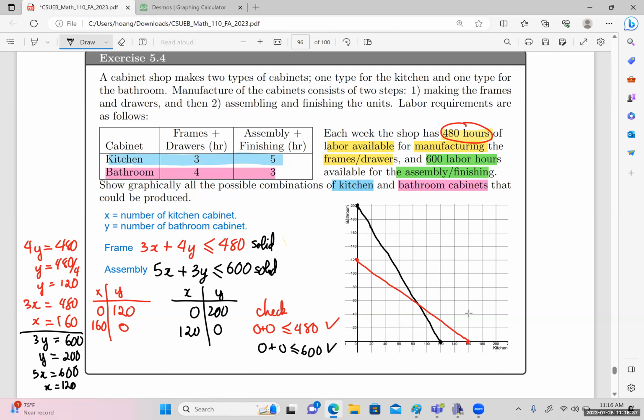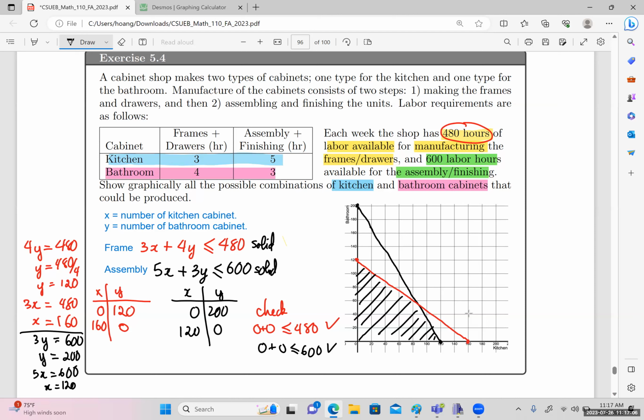This is also good. So you will end up with the overlap shading area being this region. Okay, you can try to shade that and you will see it.